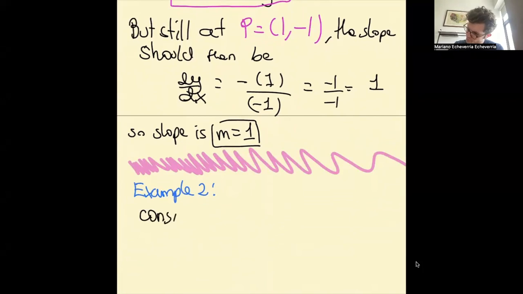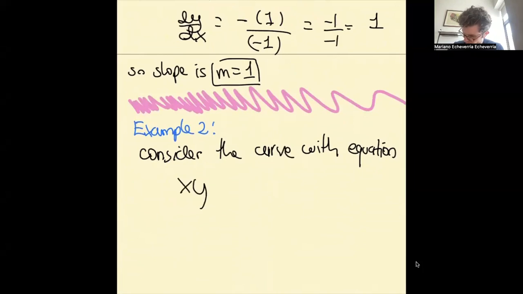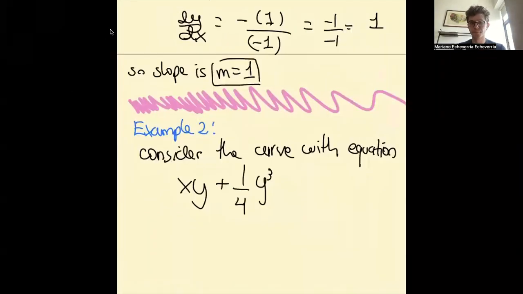Consider the curve with equation xy plus 1/4 y cubed equals 4.